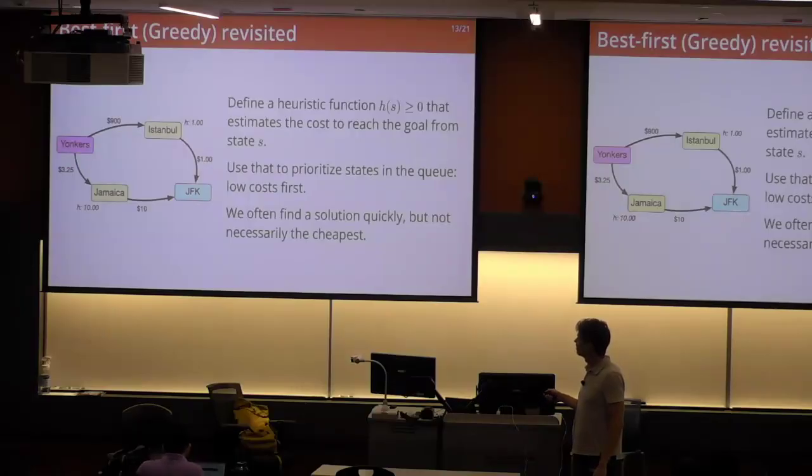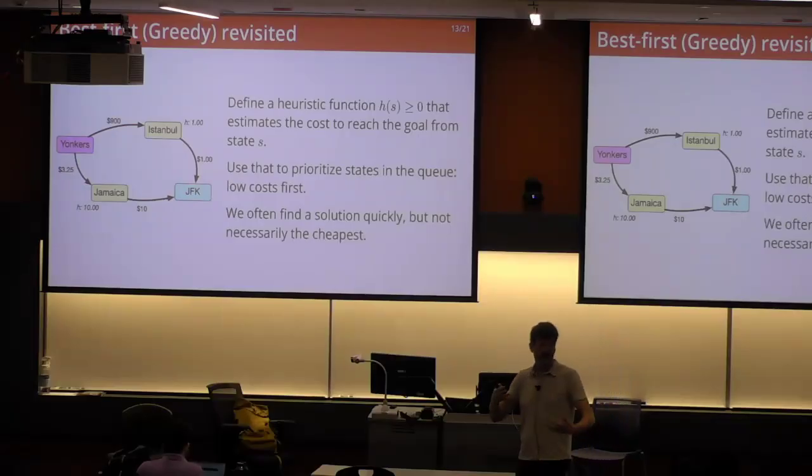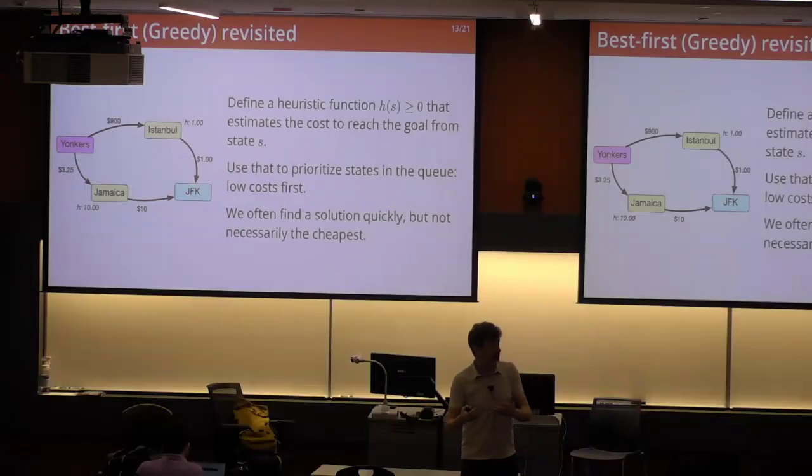We want to use the sum of the whole route. Because we've worked our way from Yonkers to Istanbul, we know the exact cost there, but from here to the end we can only guess. So we're going to add together the amount it took us to get to Istanbul and our guess of how much it's going to cost to get the rest of the way. And that's what we're going to use for priority.